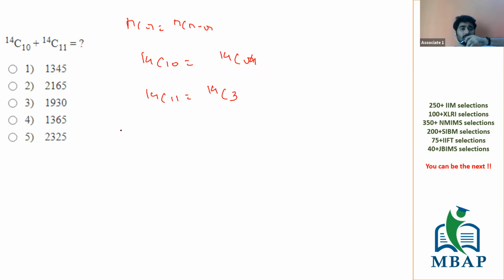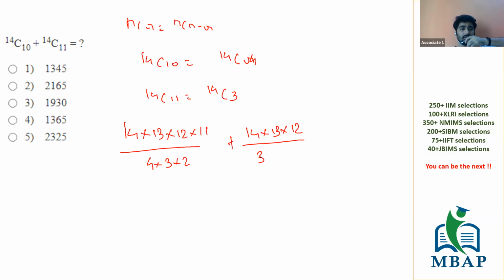So 14 into 13 into 12 into 11 upon 4 into 3 into 2, plus 14 into 13 into 12 upon 3 into 2. We have 4 3s are 12, we had 2, and 2 sevens are 14. 13 into 11 is how much? 143, and 143 into 7, 14 sevens is 98, and 1001.